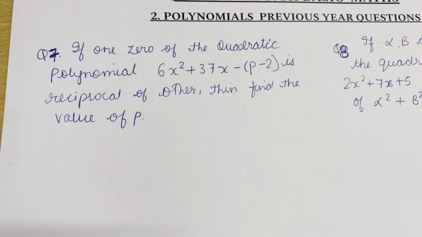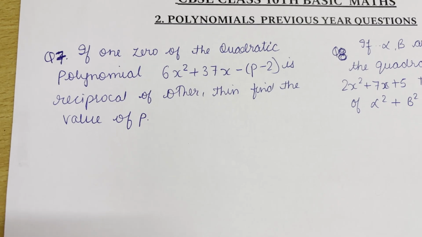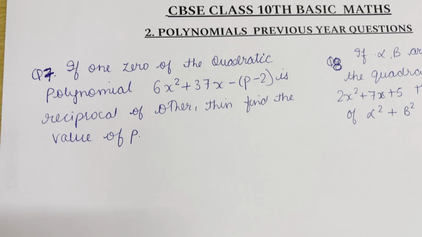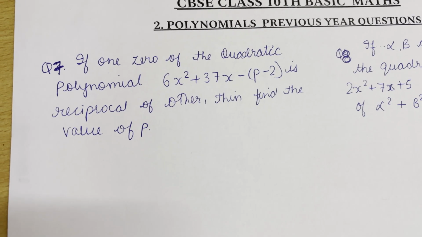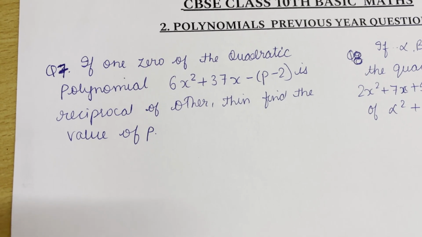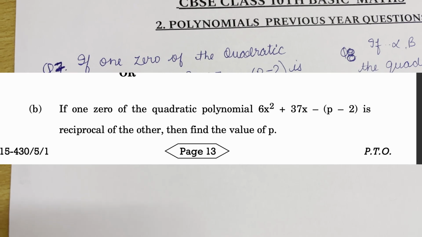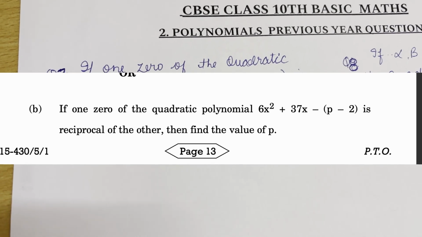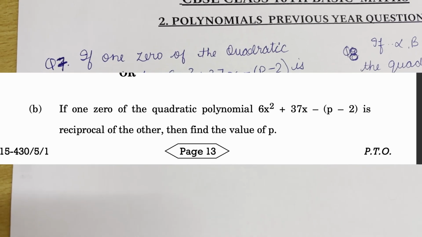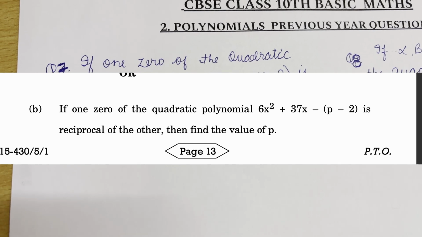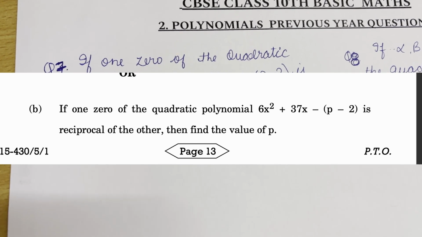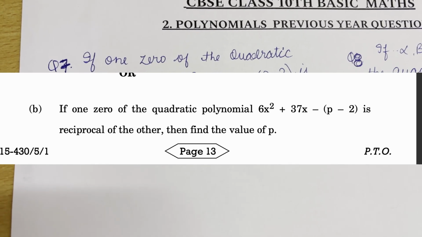Let's continue the video by solving some more 2-marker questions from last year's CBSE board paper. So, question number 7. It says: if one of the zeros of the quadratic polynomial 6x square plus 37x minus p minus 2 is the reciprocal of the other, find the value of p.